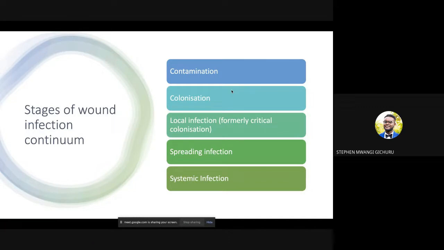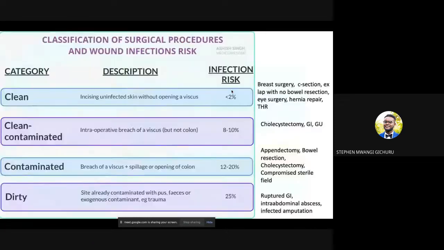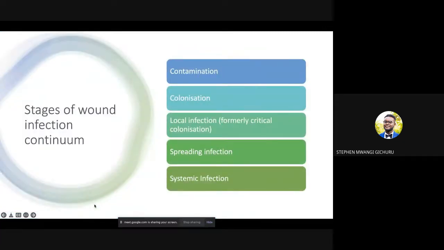Okay, so when you're talking about dirty wounds, and even clean wounds, there's a continuum that can happen where you end up having a very clean wound, but it ends up causing infection. So there's contamination, colonization, local infection, spreading infection, and systemic infection.